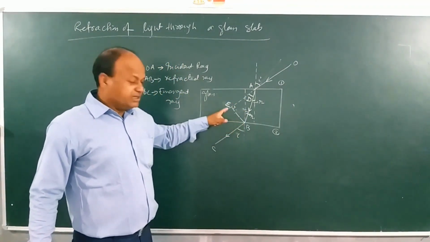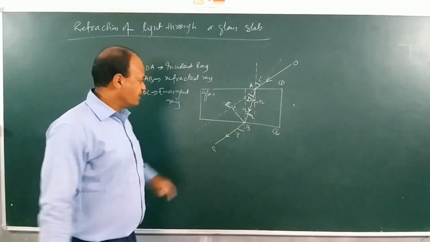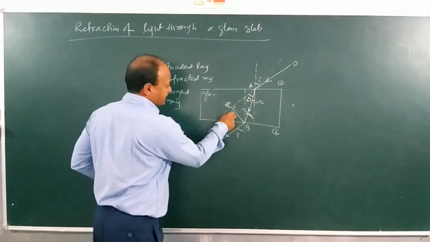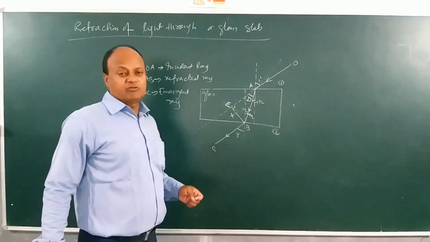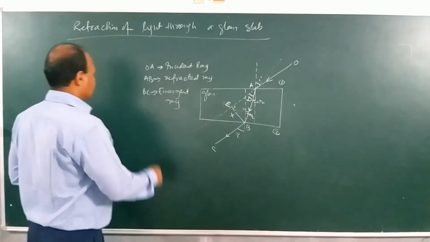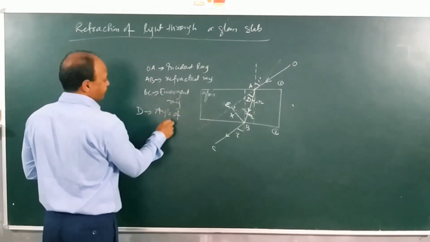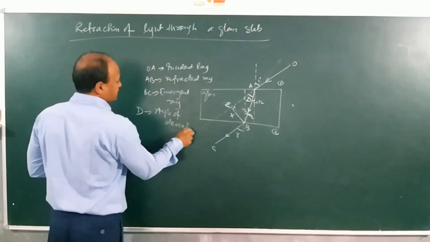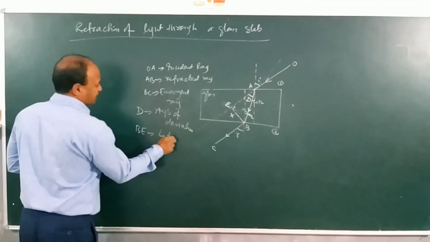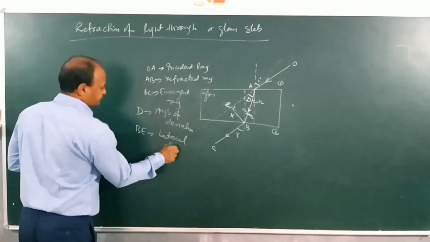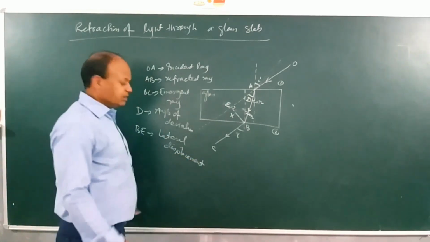So this path, which is actually the perpendicular distance between the incident ray and the emergent ray, is denoted by X, and we call it lateral displacement. It's called what? Lateral displacement. D is here, angle of deviation, and B is called lateral displacement.